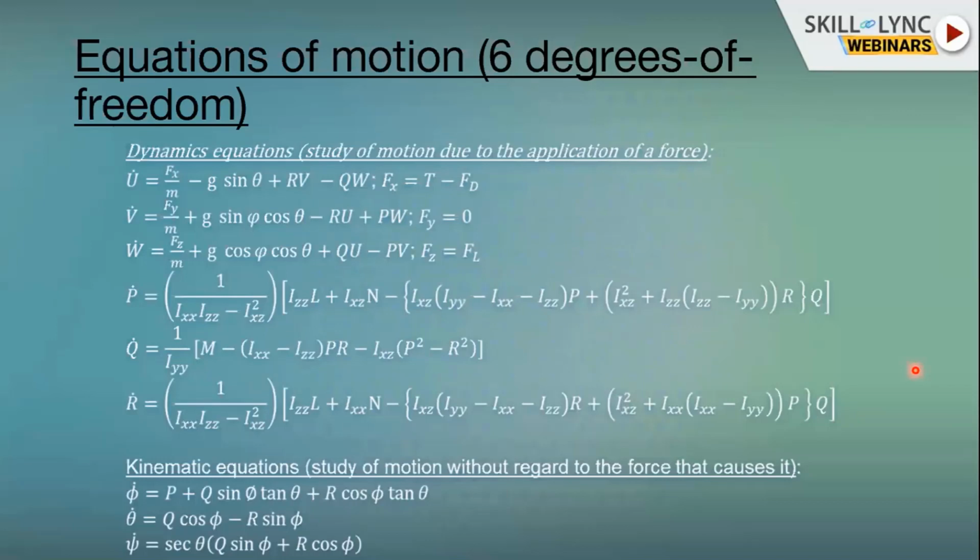That's why when you look at the U dot equation, it's simply shown Fx equals T minus Fd, where T is the thrust generated by the engine, and F sub D is a drag force.